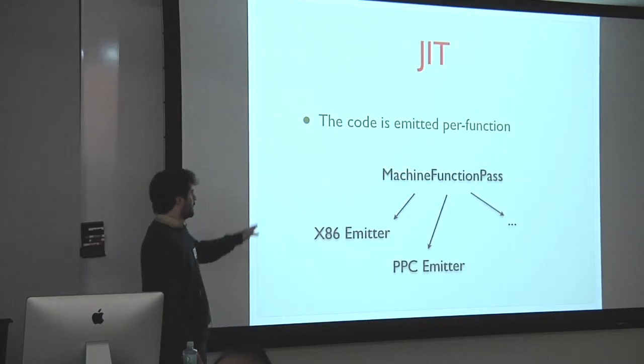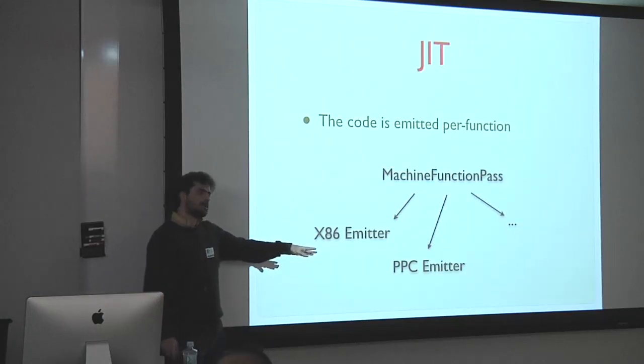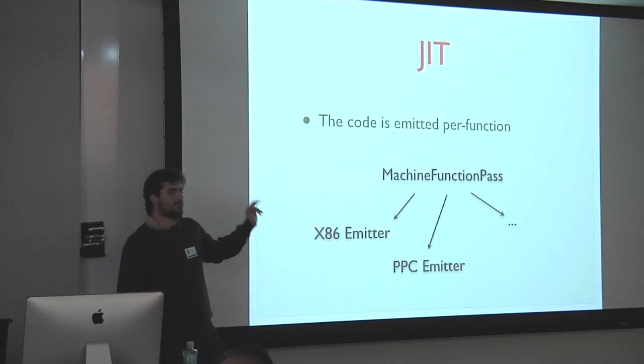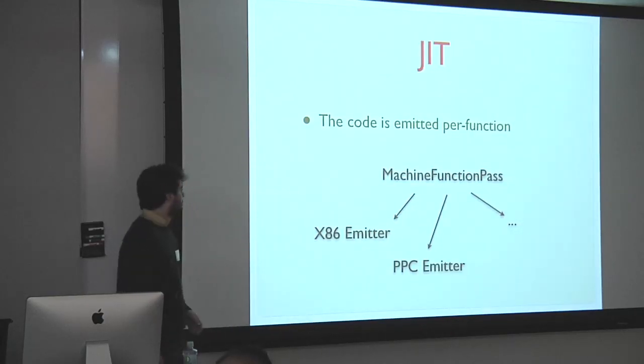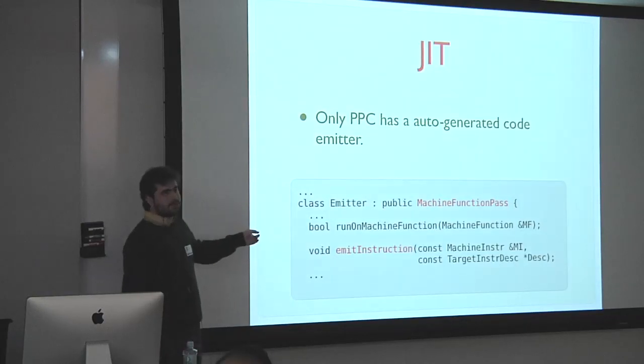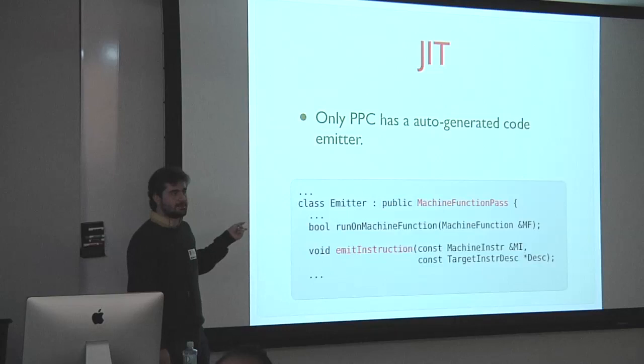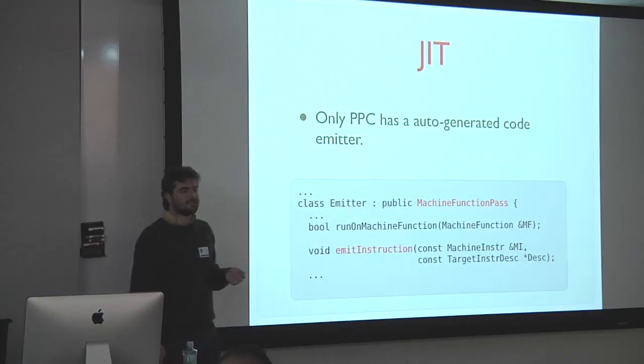So we have a machine function pass, which will be called for each function and will emit the code to memory. And for each target we have a custom emitter. For x86 we have one emitter, for PPC we have a different emitter. The only one of those emitters which is actually automatically generated is the PPC one. The x86 and the ARM ones are written by hand.